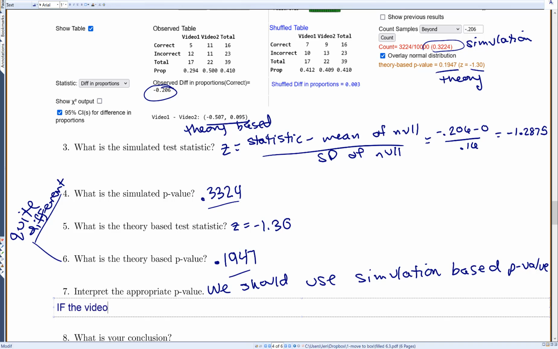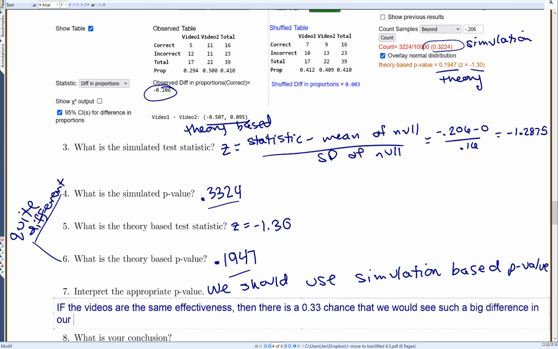So if the videos are the same, same effectiveness, then there is a 0.33 chance that we would see such a big difference in our sample proportions. And what was the difference we saw? Of negative 0.206 or more extreme.